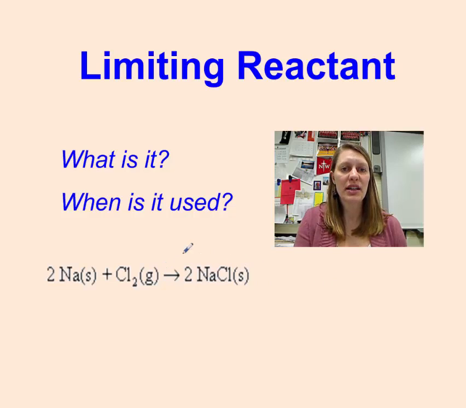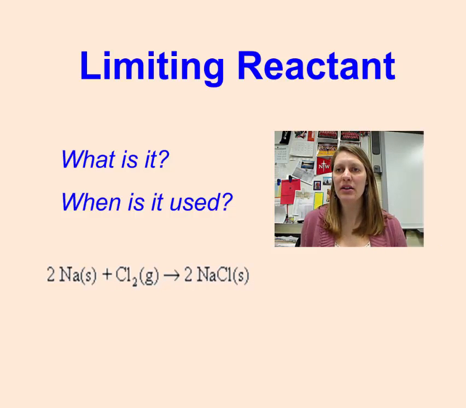So if we look at this equation here of how we can make some table salt using sodium and some chlorine gas, we can look at how much of our sodium and how much of our chlorine gas are we going to need in order to use one of the two up or use all of it up as we make our sodium chloride.